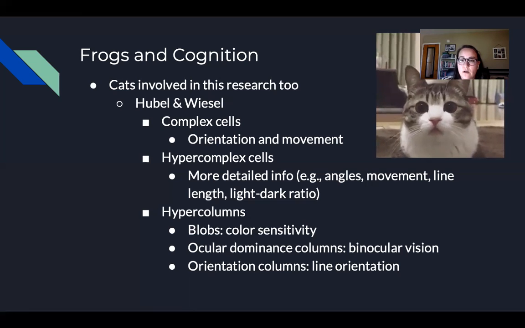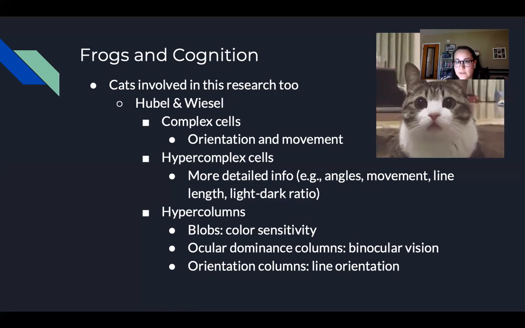And these researchers also found that complex cells can then be organized into larger and even more complex cells called hypercomplex cells. Again, not a lot of creativity here with the name, but at least it's straightforward and you know what it's talking about.